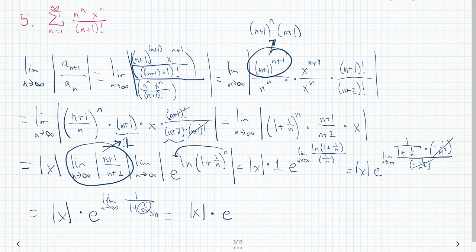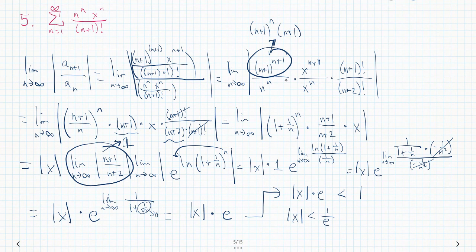So remember, though, that we have absolute value of x times e is less than 1, right? In order for this to satisfy the ratio test. So absolute value of x is less than 1 over e, which I think is kind of crazy when you start to look at this stuff.